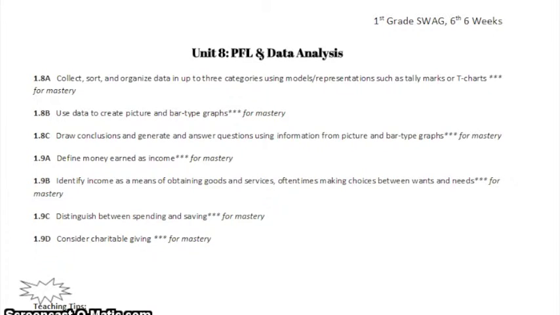So like I said, we are starting early where we're defining money as income that's coming in. We're also going to talk about how income can be obtained with goods and services. And then we often have to make a choice between our wants and our needs.